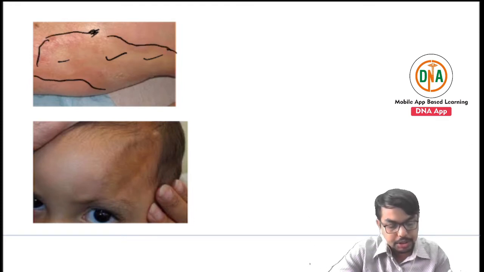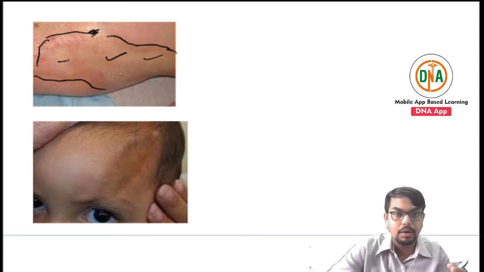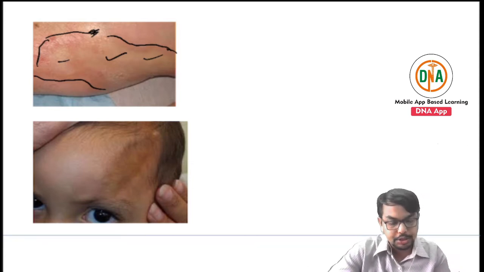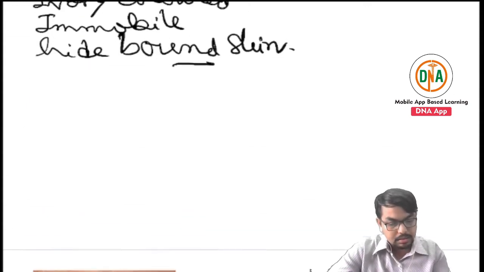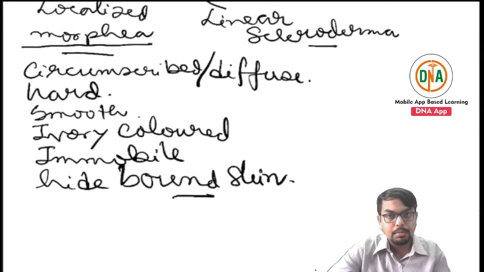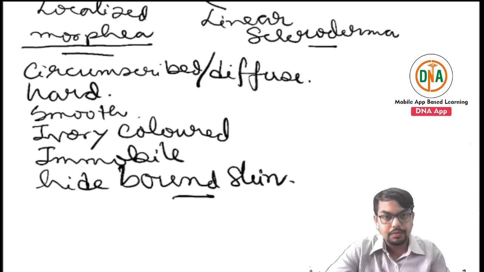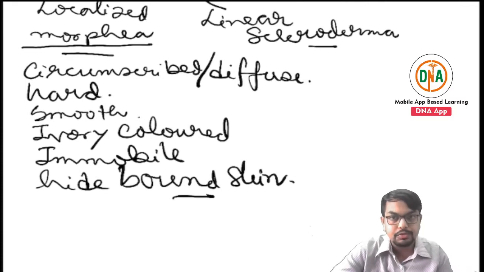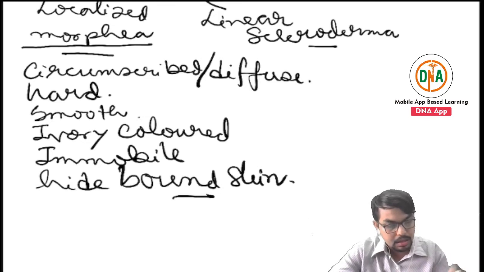On palpation you will get the hide bound, hard texture, the skin is smooth, hence shiny here. This is the typical description of morphea: circumscribed or diffuse, hard, smooth surface, ivory colored, immobile, hide bound skin. Okay, now linear scleroderma.